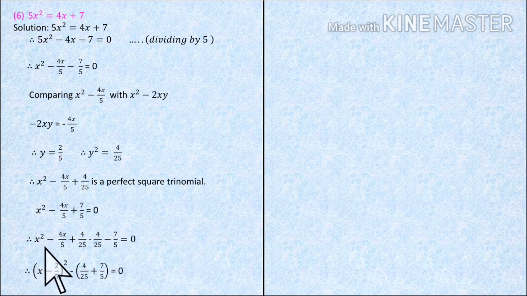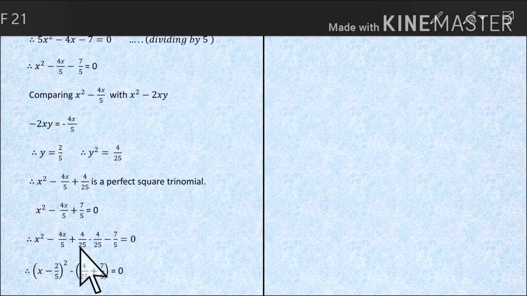Therefore, (x minus 2 by 5) whole bracket square minus (4 by 25 plus 7 by 5) whole bracket close is equal to 0. Outside minus sign is there, therefore the sign of minus 7 by 5 becomes plus 7 by 5.